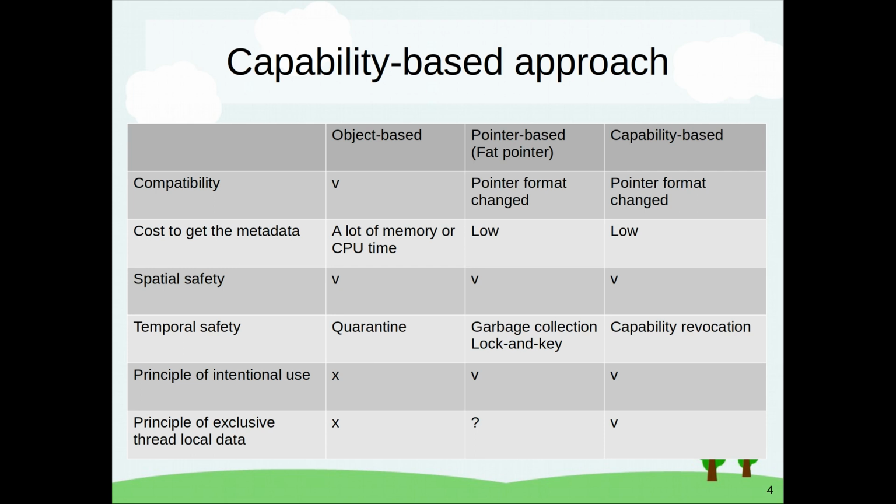For the principle of intended use, it is supported. In the capability-based approach, the pointer can only access the object that is specified by the capability. For the principle of exclusive thread local data, it is supported, and I'll explain it later.